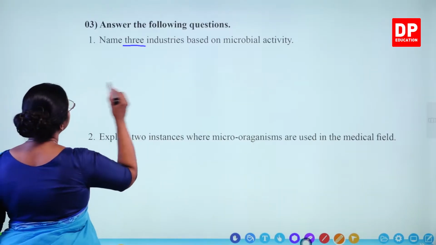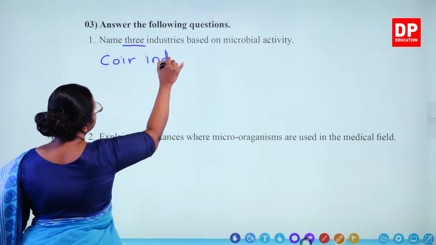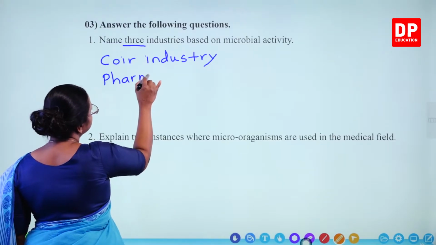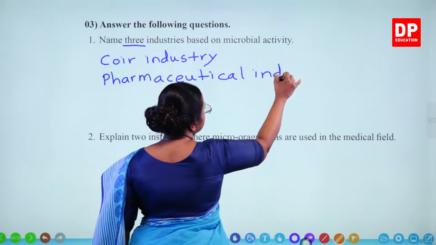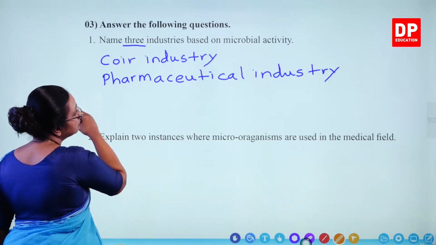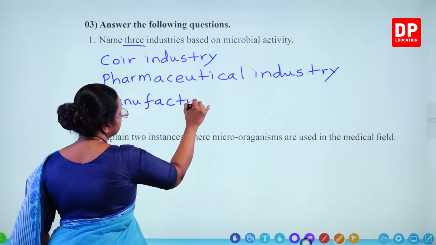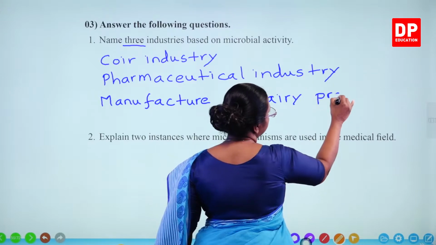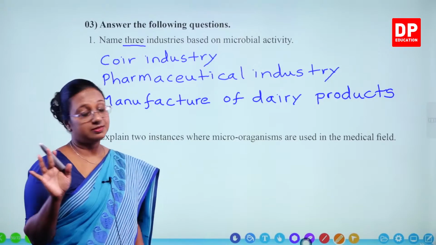So, here I will say coir industry, then pharmaceutical industry, and we can say manufacture of dairy products. You can write any 3 industries.